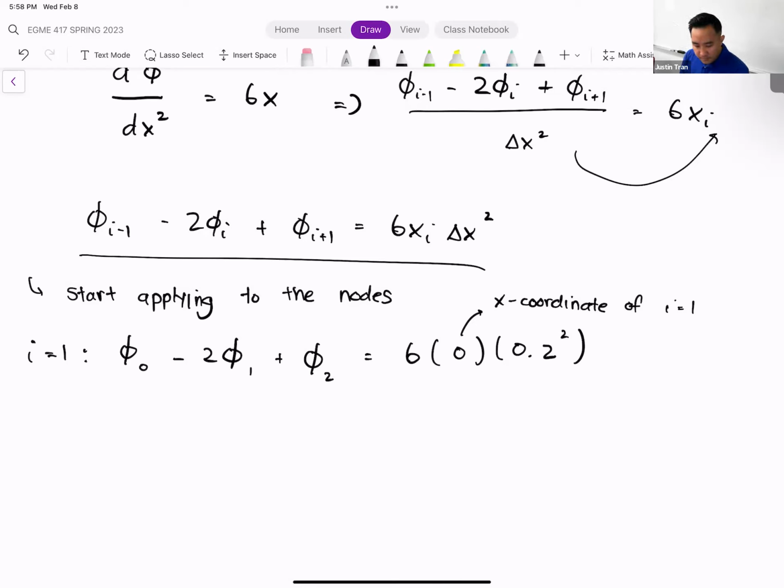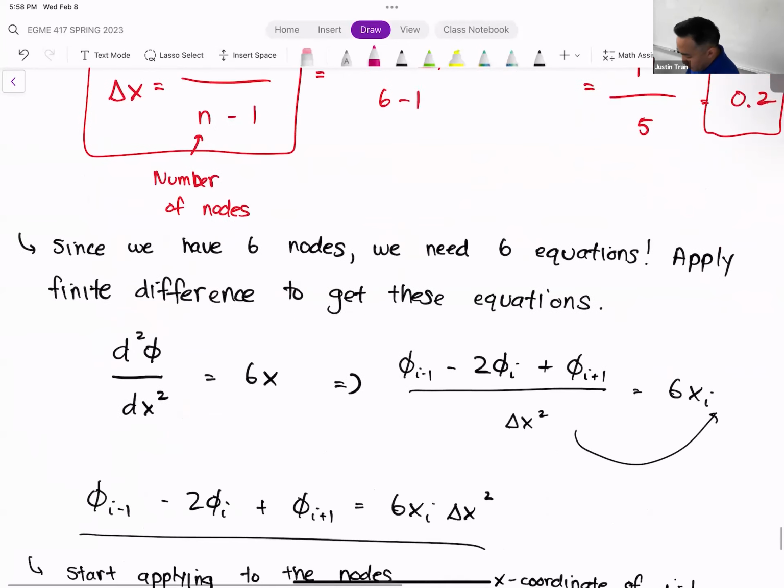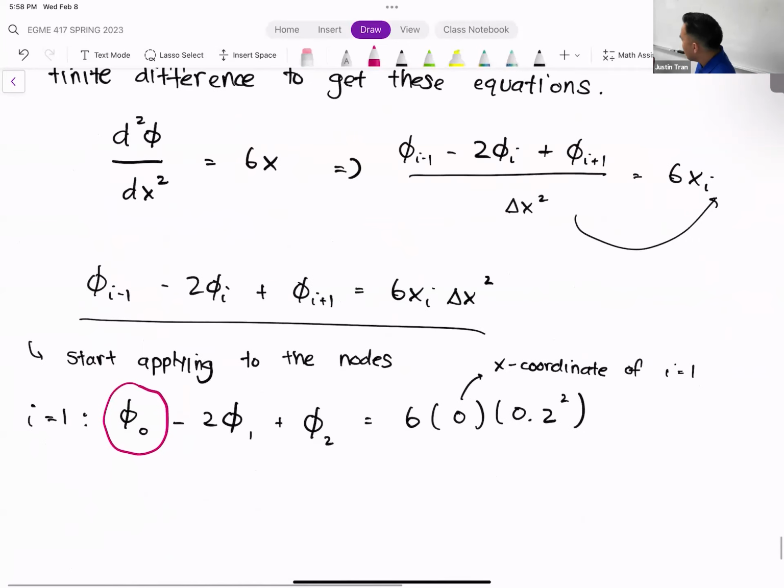But we have a problem here. What's the main issue with this equation that we just wrote? It's this guy, right? In order to use this equation, we need to have the value phi 0. If we look at our domain, there is no node 0. The leftmost node here is node 1. So in order to apply this equation, we would have to obtain a phi value that doesn't exist.